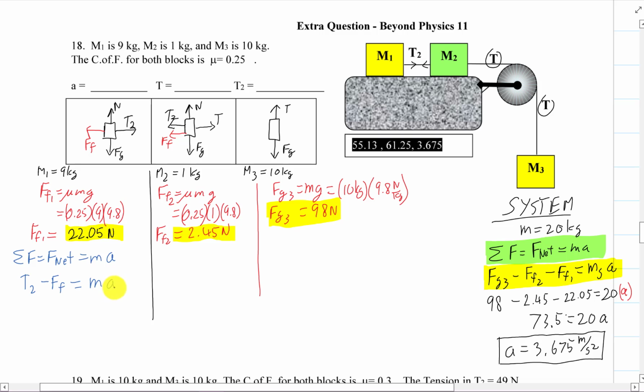Now it's the force of friction of number 1, and it's the mass of number 1, not the mass of the system. So T2 minus 22.05 is going to equal 9 times 3.675. We just calculated that over there in blue.